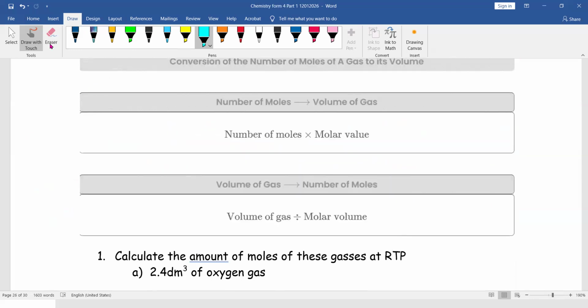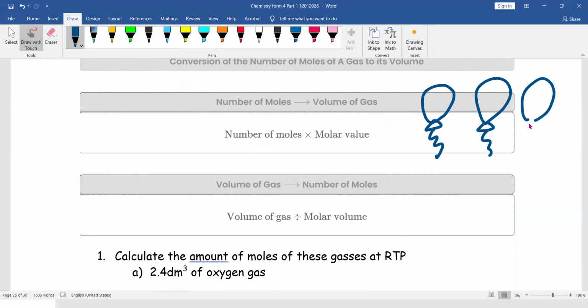Okay, I have 4 balloons. This balloon has 1 mole helium gas. This balloon has 1 mole hydrogen gas.